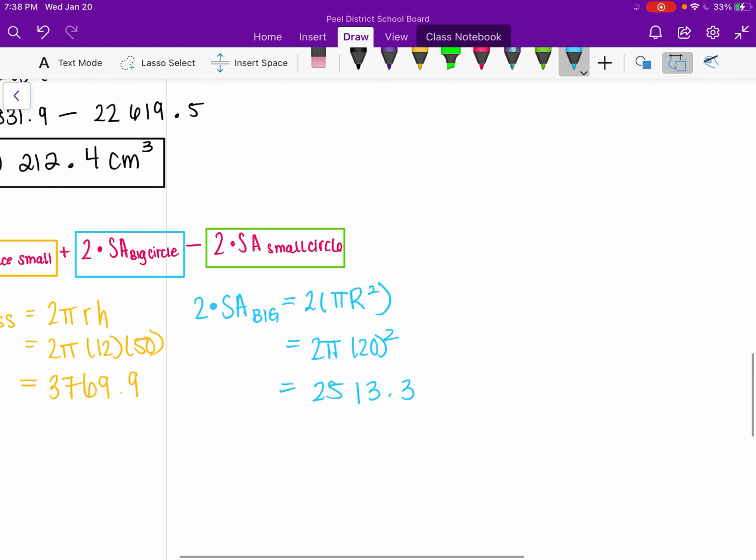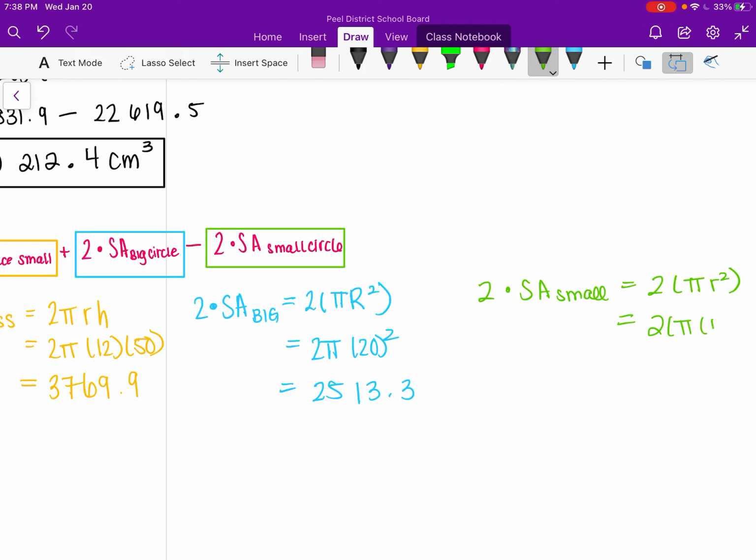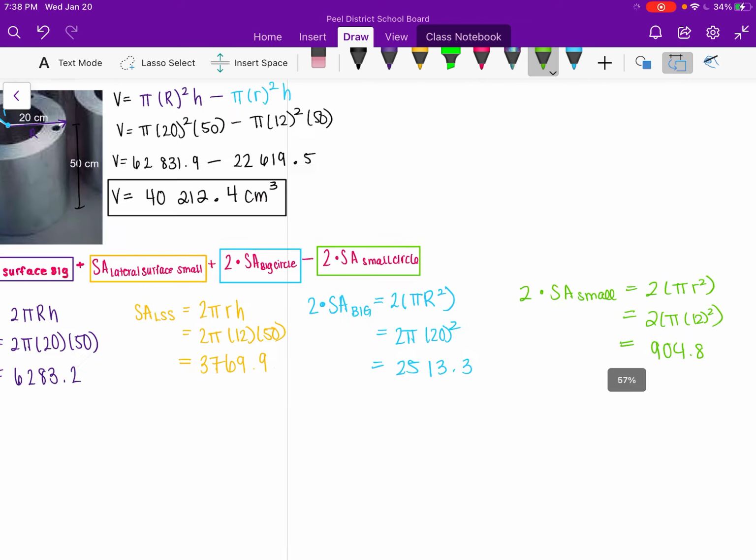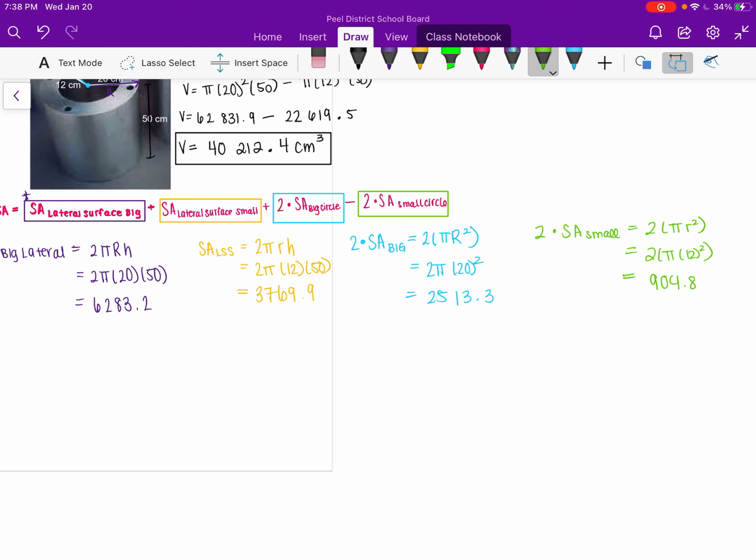And then I want the surface area of the small circle, so 2 times surface area of the small, right, is going to equal 2 pi 12 squared, which is equal to 904.8.